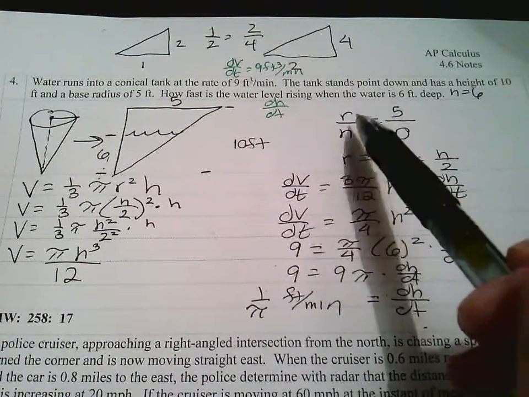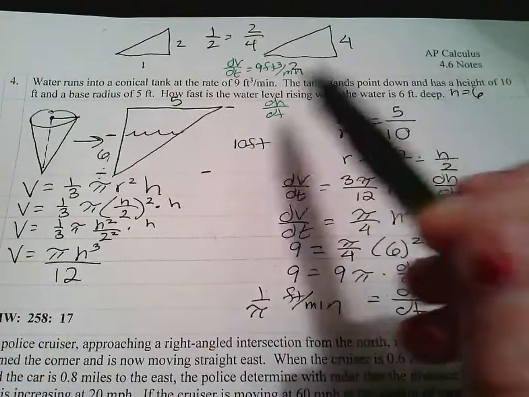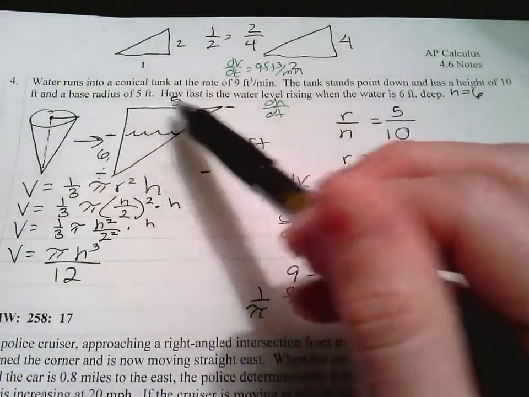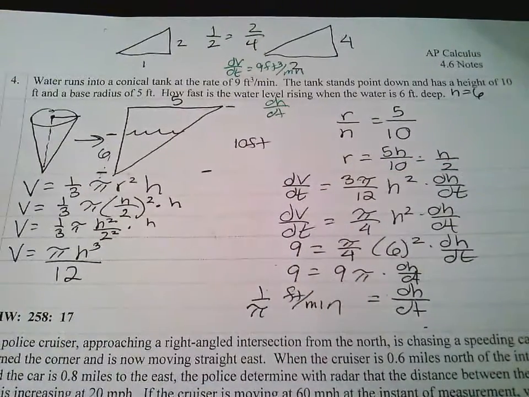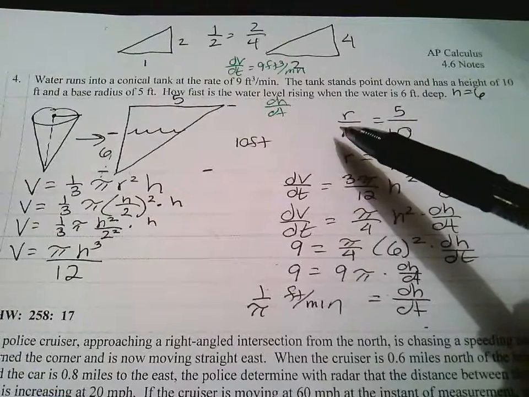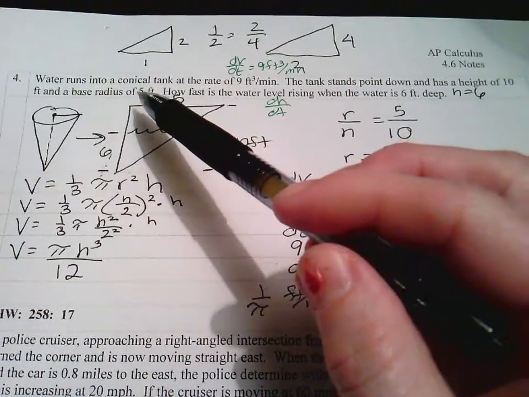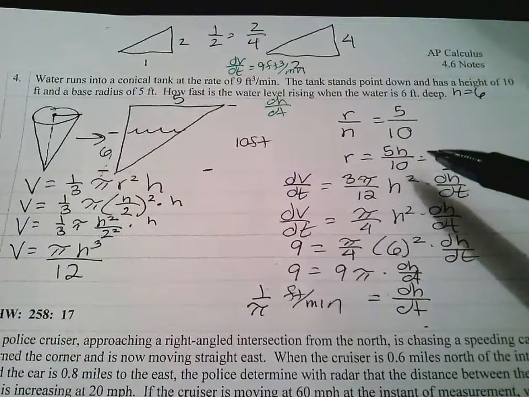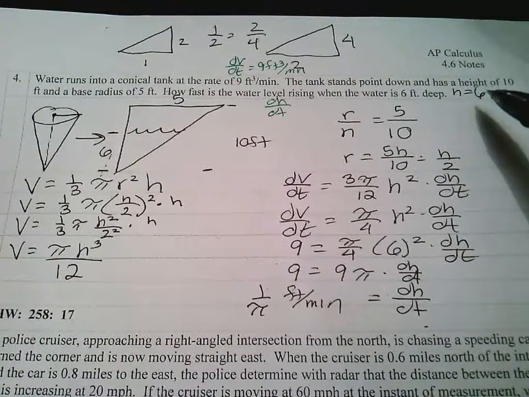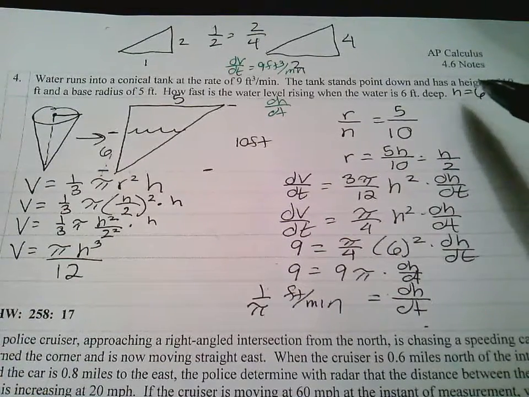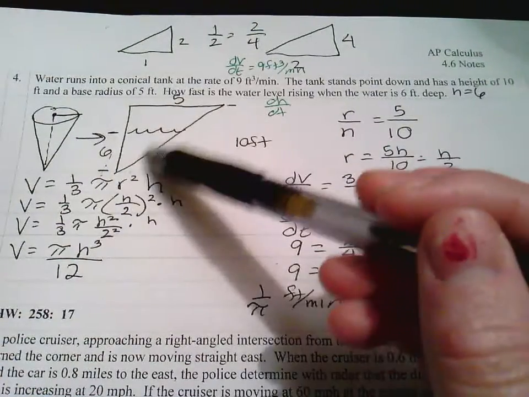Remember, this is similar triangles, so this is just a smaller one than this big one here. So R over H equals the size of the tank, 5 over 10. Solve for R because you're given what H is. It's asking what the water level is doing when the water is 6 feet deep, so it's wanting to know what the rate is right here.